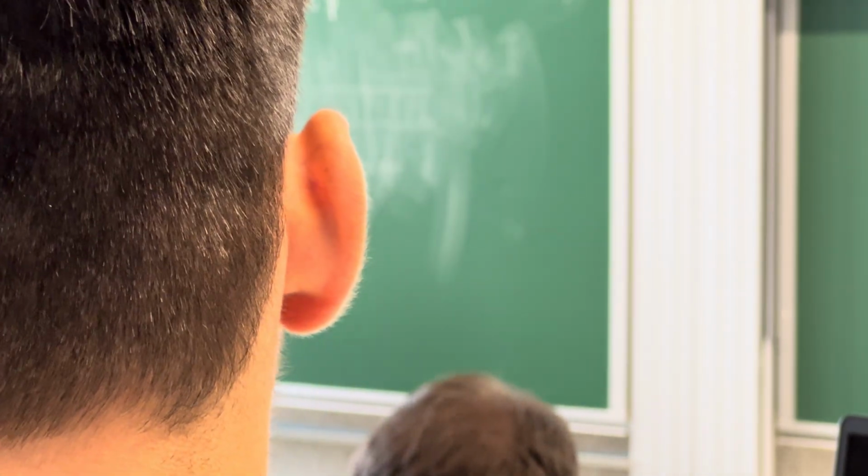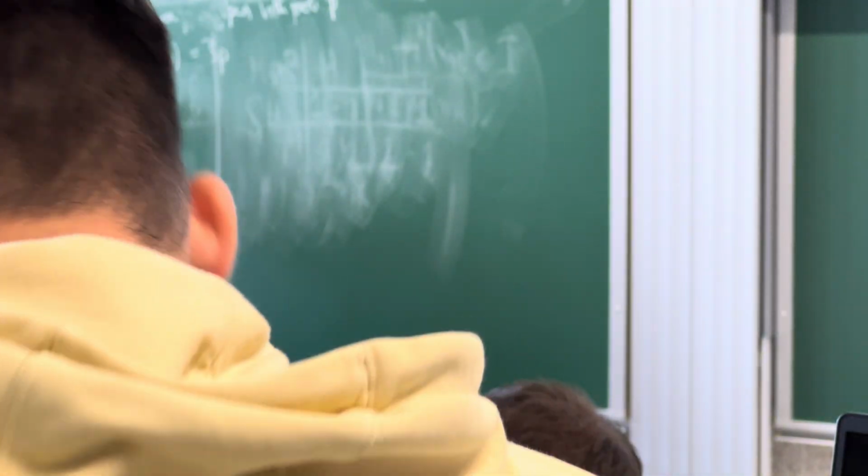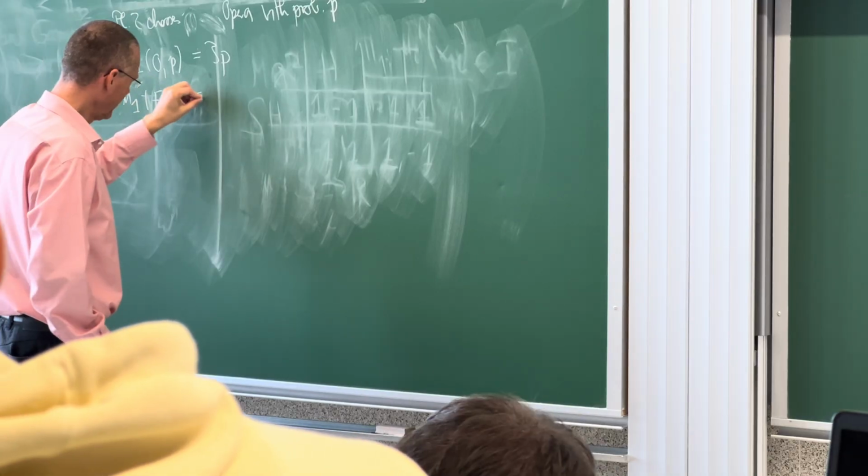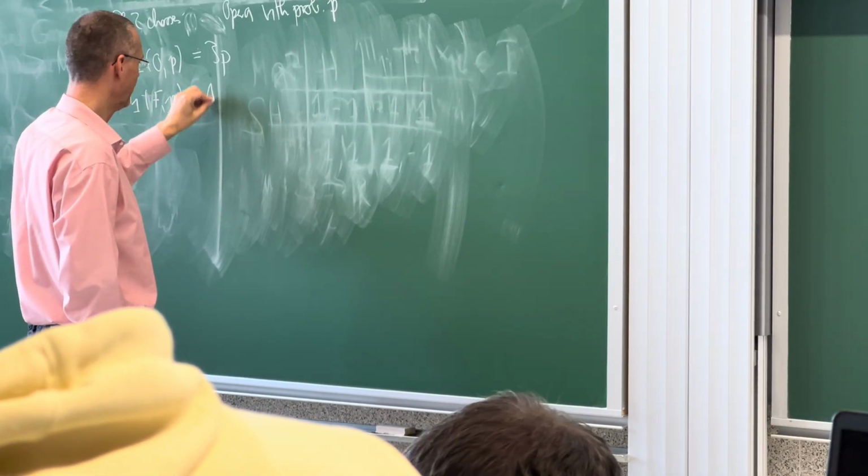Choose opera with probability P to make player 1 indifferent between opera and football. What's the payoff of player 1? Opera gives 2P plus 0, and football gives 1 minus P, against the mixed strategy of player 2.